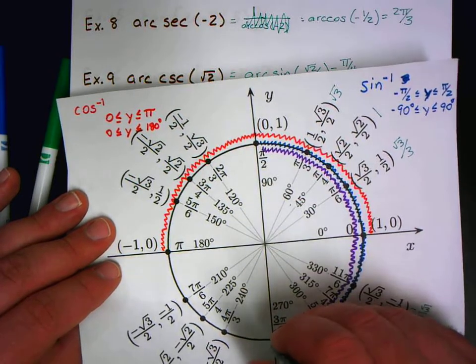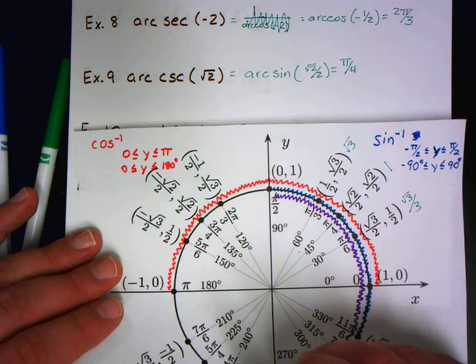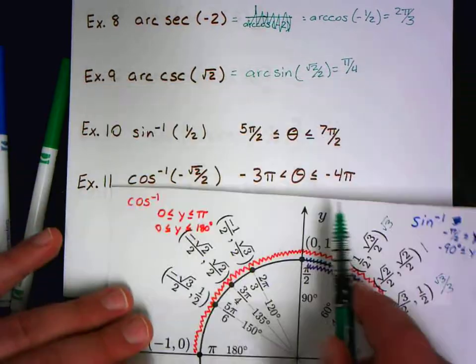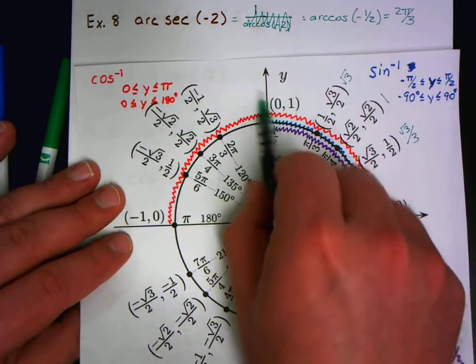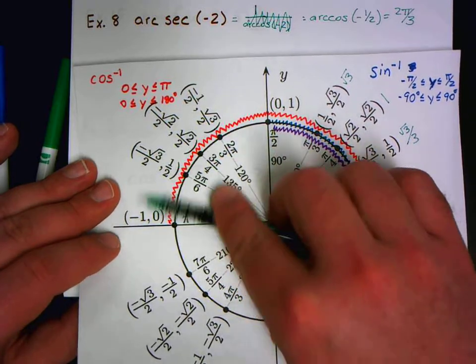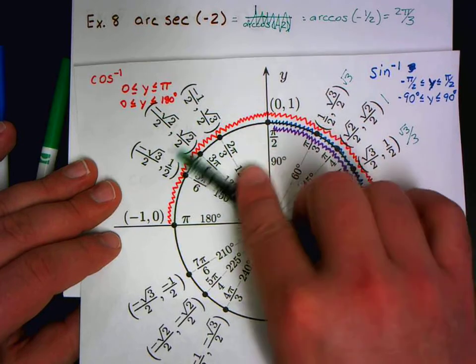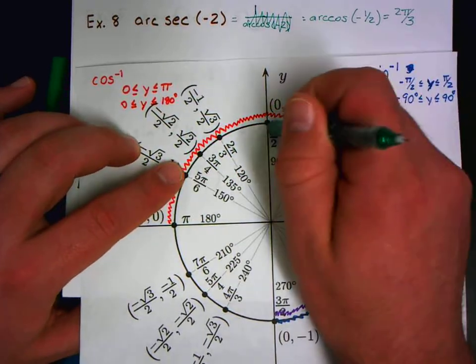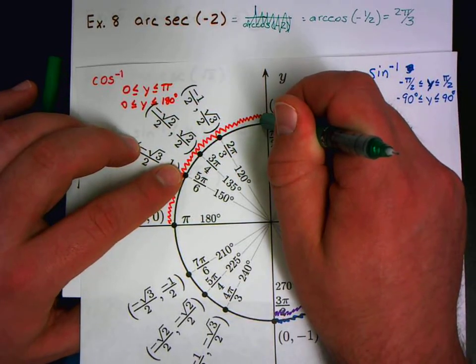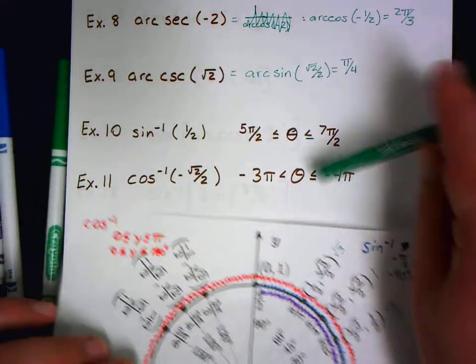Yeah, it'd be down here at the bottom. So I'm looking for 1/2 somewhere over here. So it'd be right here. Now, I need that in between these two, though.